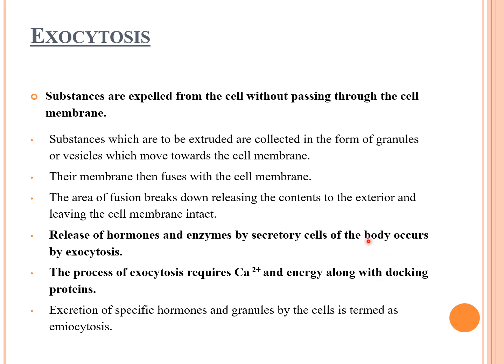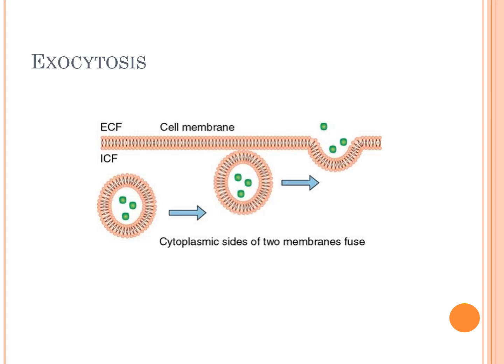This is how the secretory vesicle will come and fuse with the cell membrane, and release its contents out of the cell. I told you enzymes, neurotransmitters and hormones are all secreted by the process of exocytosis, and the excretion of specific hormones and granules by the cells is termed exocytosis.